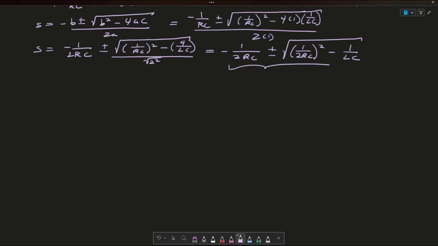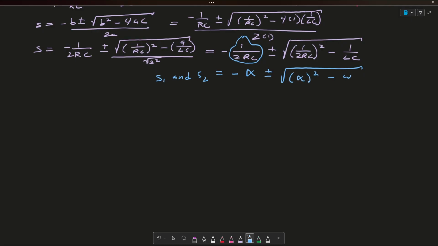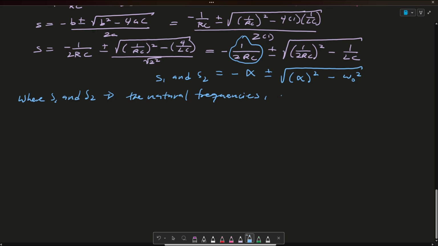So now, since this is a plus or minus, I can say then that S1 and S2 are equated to minus alpha, where this here is this alpha, plus or minus the square root of alpha squared minus omega naught squared, where S1 and S2 are what we call the natural frequencies, and these are measured in nepers per second.